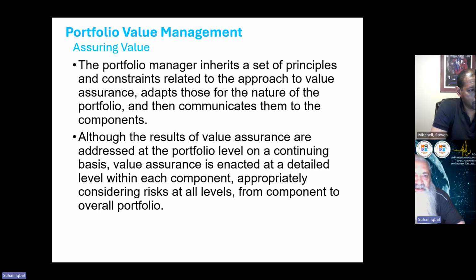If a component is not coming up to the standard, the portfolio manager can decide to terminate it or do something else, maybe put it on a lower priority level, and a project which can assure the value in a better manner can be brought up.